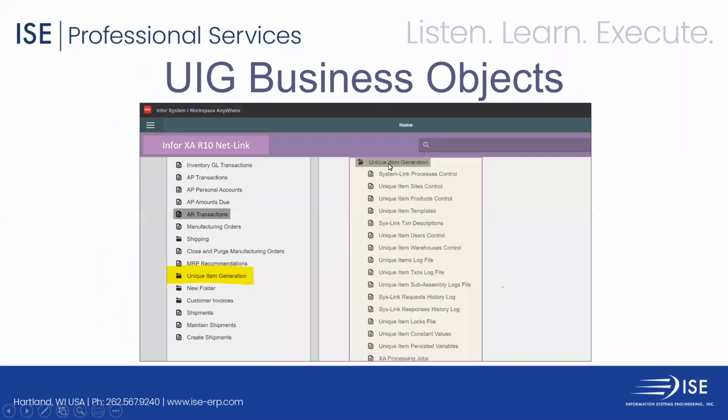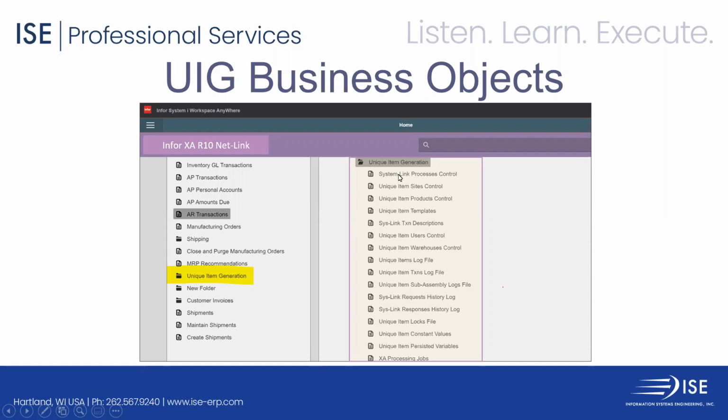Here's an example of what the UIG business objects look like. Now, if you're not familiar with what this is, yes, this is XA. This is beyond the scope of this presentation. This is XA running inside of Netlink, running inside of System i Workspace, anywhere, running inside of Infor OS. So the unique item generation, if you think in PowerLink, it's a tab. It's actually a sub-tab of the engineering application tab. And then these are all the business objects.